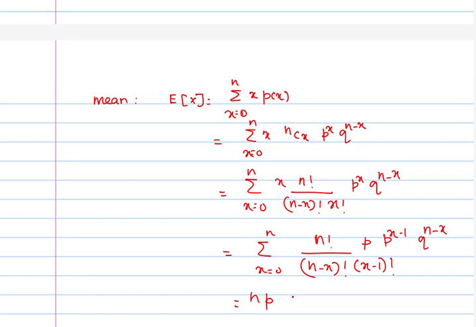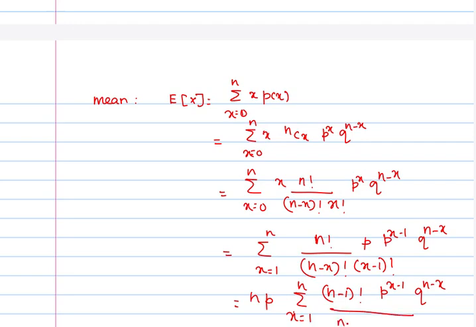Now take n times p outside. The summation starts from x equal to 1, because the x equal to 0 term is zero. So x equal to 1 to n, we get n minus 1 factorial divided by n minus x factorial times x minus 1 factorial, times p power x minus 1 times q power n minus x.